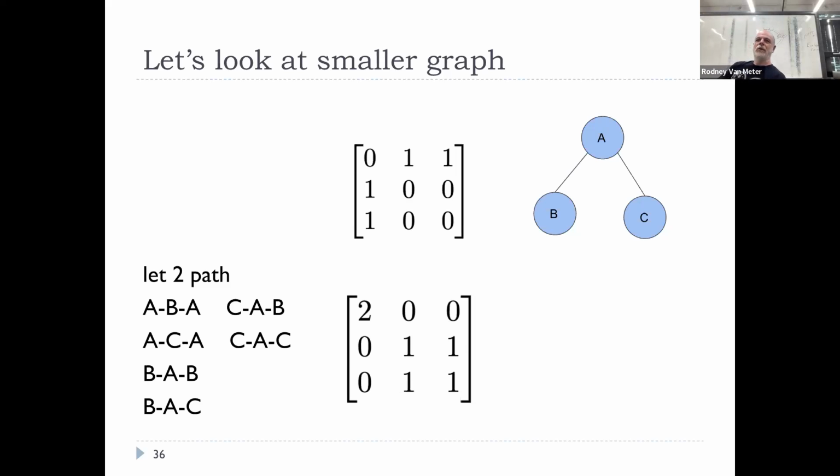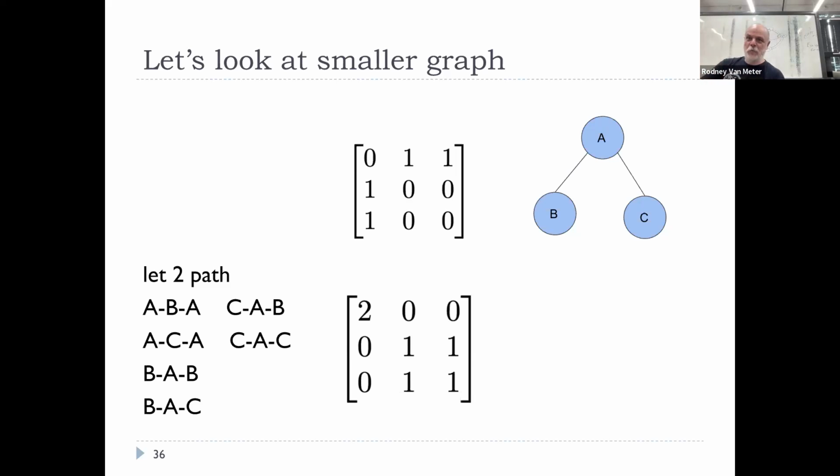So to get from A to B, we can do that in 1 step, but we can't do that in 2 steps. There's no path of length 2 that starts at A and ends at B, and conversely that starts at B and ends at A. But if you look at the BB entry, the one there in the middle, there's exactly 1 2-step path that starts at B and ends at B, and that would be BAB.